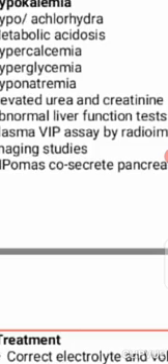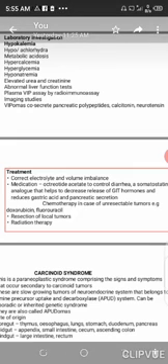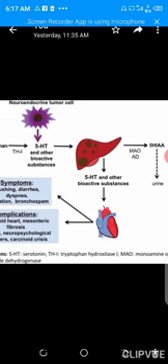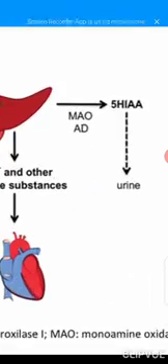The next thing we should talk about is carcinoid disease. Note that the fundamental problem with carcinoid syndrome, carcinoid disease, or carcinoid tumor is excess production of serotonin.